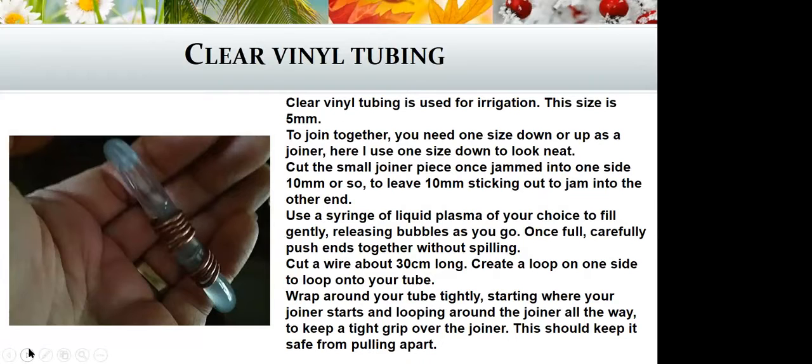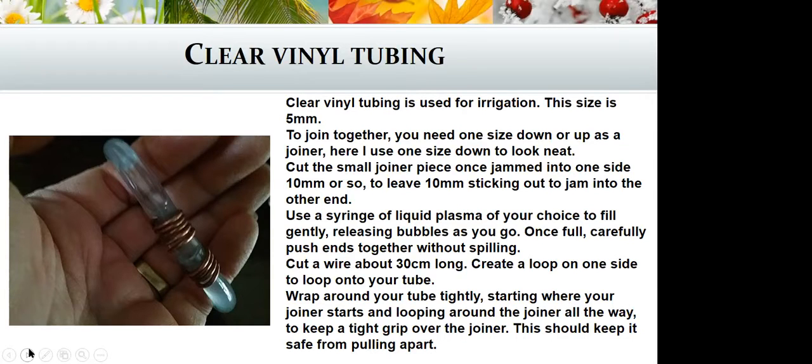So this is how I make my rings. This is all stuff that I can get in Australia, so obviously you might need to improvise, but usually you can get the most similar things. We use clear vinyl tubing, and it's used for irrigation. This size is a 5 millimeter. And so what I use to join them together is to go one size down, which is the 3 millimeter, or you can use one size up, which is usually the 8 millimeter.